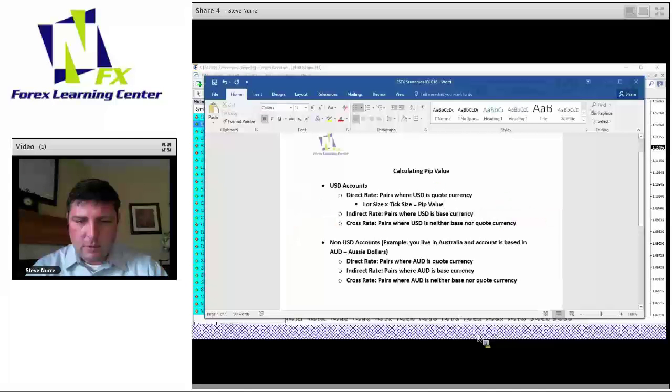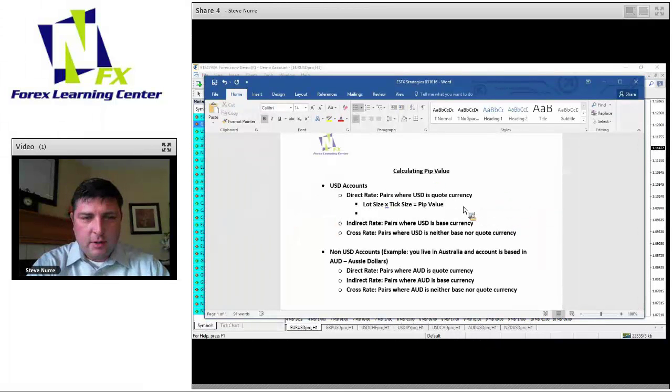So I'm going to pull this up as an example. Our example will be at 1.11518, and let's say that we sell the euro dollar at 1.11718.